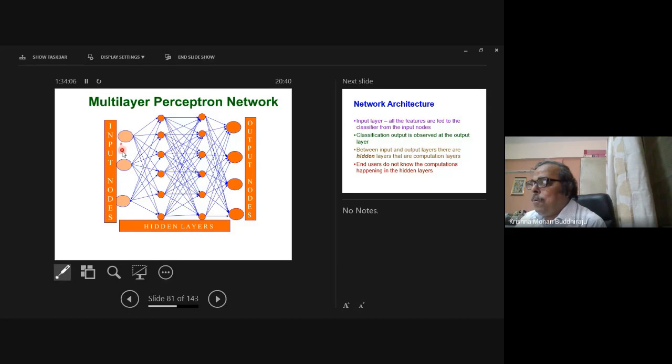So between the inputs and the outputs, you have what are called hidden layers. You have a hidden stage comprising a set of perceptron elements, which are hidden from the end user, but not from the programmer. But for whatever reason, they are called hidden layers.